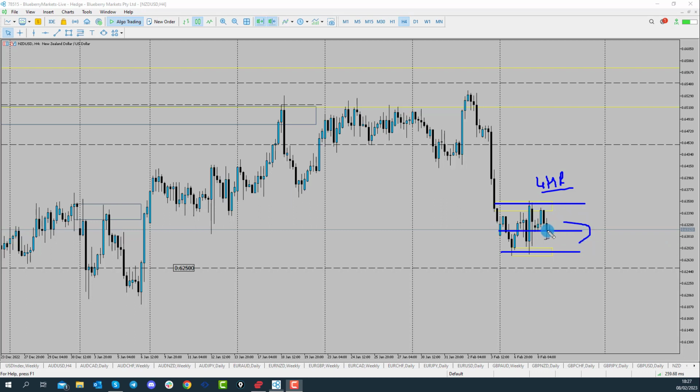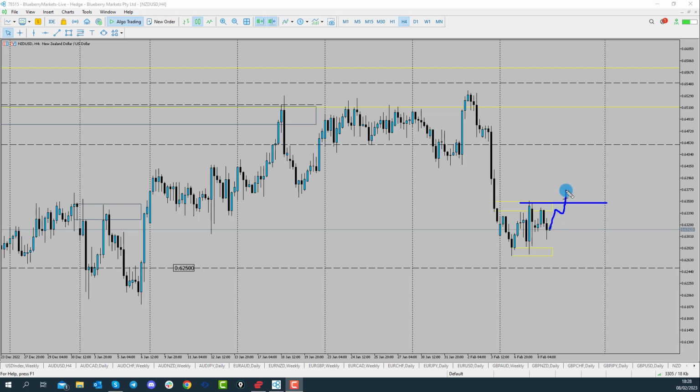So what I'd want to wait for, or what we could wait for, is for price to either break out below the 0.6250. That opens the door to 0.6. If price breaks out here, we could see price come back up to the highs at the 0.6450 for a move down, or you could even consider looking for price to actually false break out of this range that's been developed.